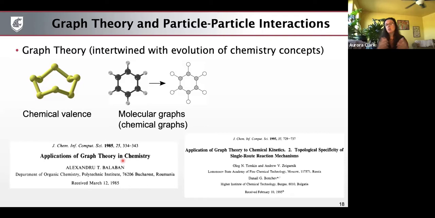And there are hundreds of papers on molecular graphs, where we have these connectivity patterns based upon covalent bonding between atoms. Molecular graphs are often called chemical graphs, but I would say that chemical graph theory is now much more broad than molecular graphs.